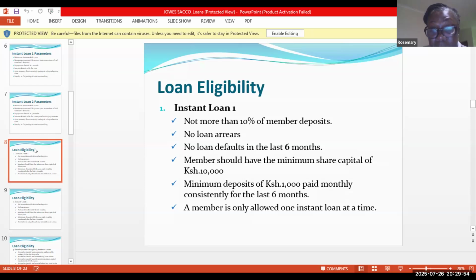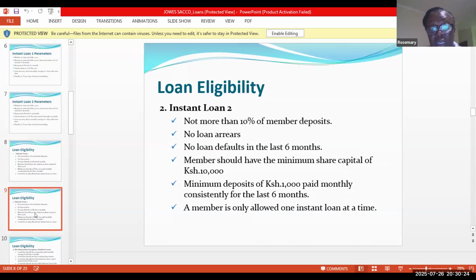And as we had said, the member should have the minimum share capital of 10,000, which is what is required. The minimum deposit of 1,000 paid monthly consistently for 6 months. And the member is only allowed to take one instant loan at a time. When you repay, then you can apply for another one.